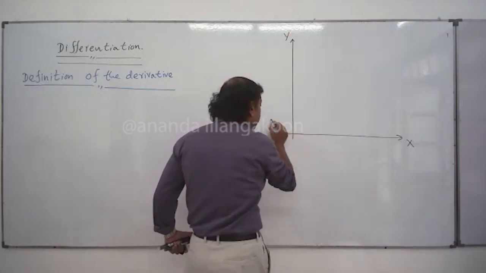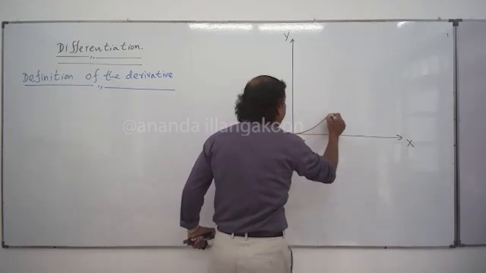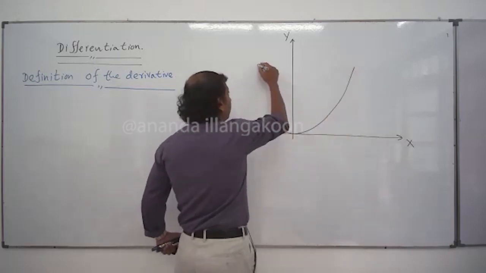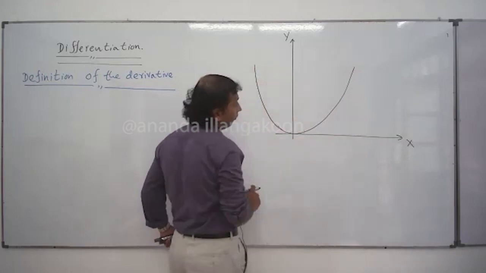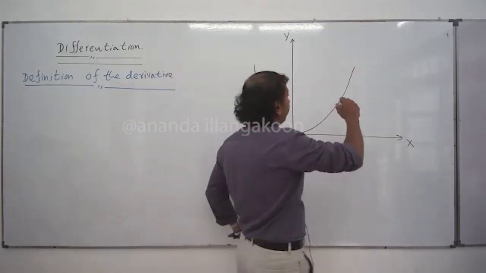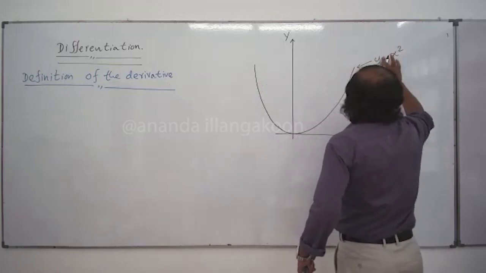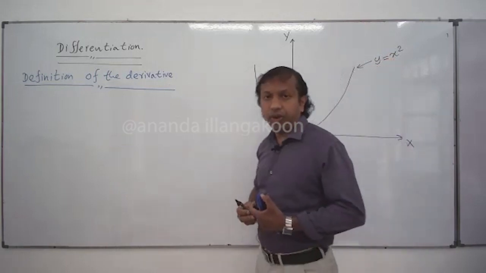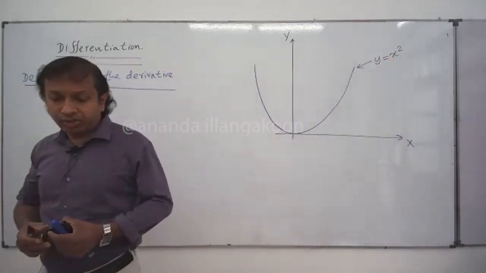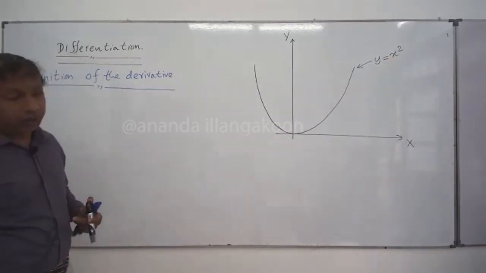I'll take the graph y equals x squared, right? The equation of the graph is y equals x squared. You know, in our quadratic equation lesson, we drew this graph of y equals x squared. It is a minimum graph. The minimum point occurs at the origin, right?